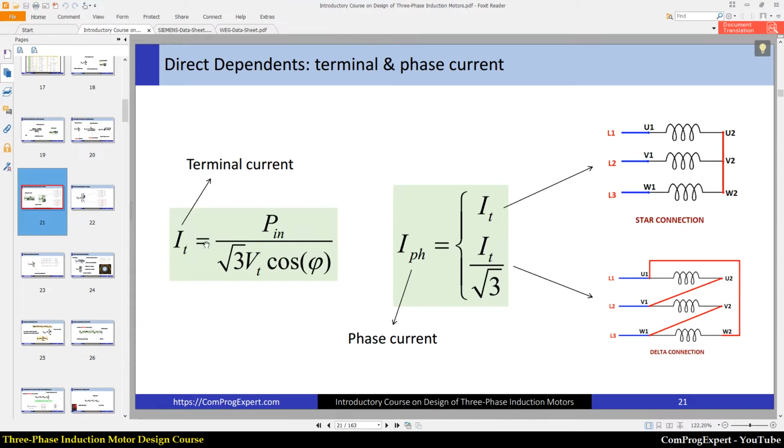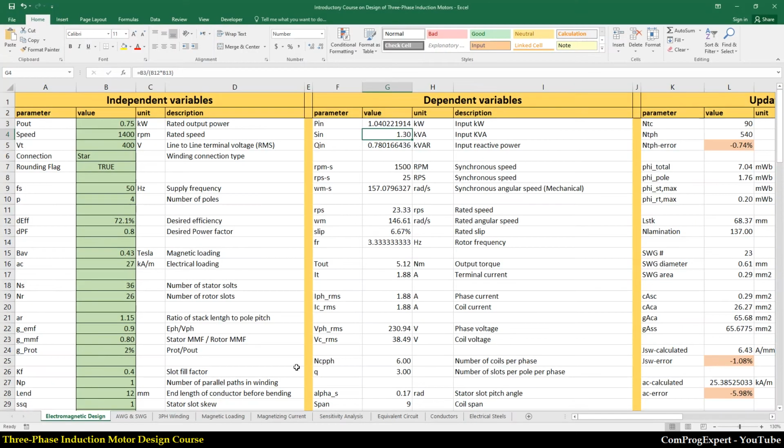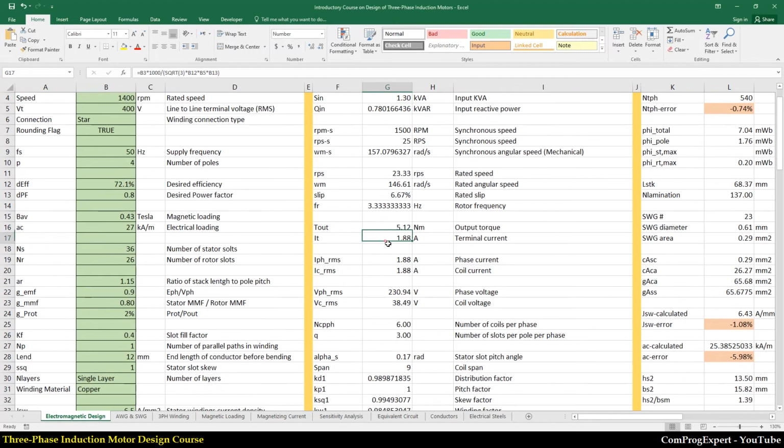The terminal current is equal to the input power divided by SQRT of 3 times terminal voltage times the power factor. So I implemented this equation here. The value of terminal current is equal to 1.88, right?